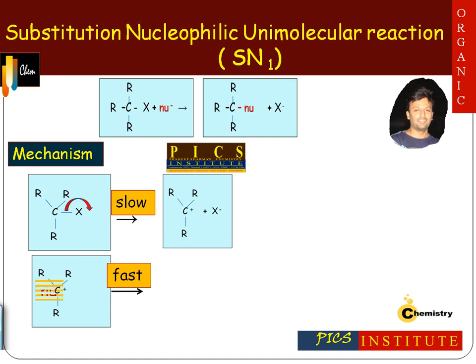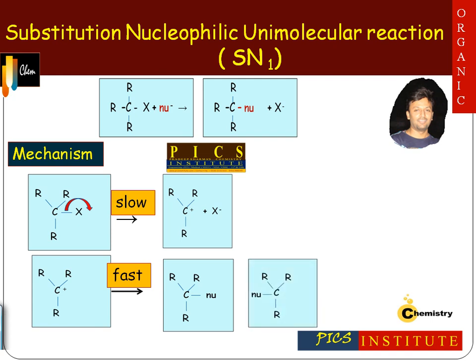So we can have two products, one with retention of configuration as that of the initial reactant and second with inversion of configuration compared to the initial reactant. So we can say retention as well as inversion of configuration.